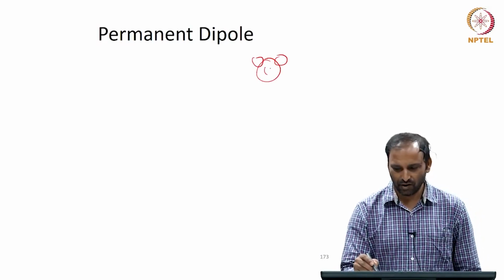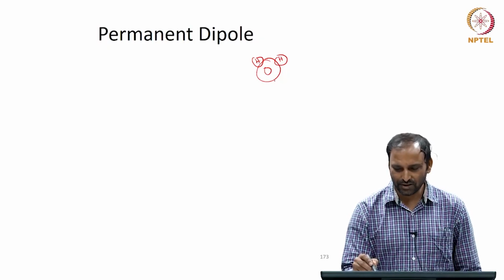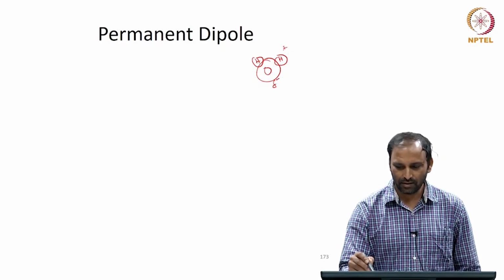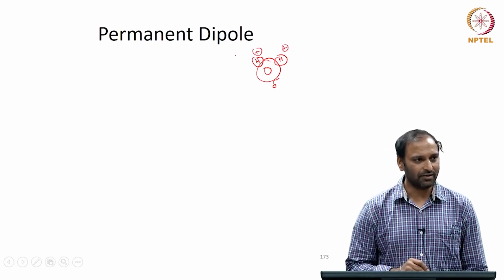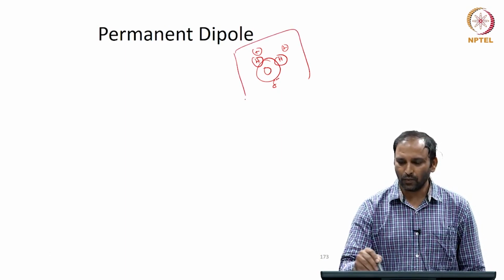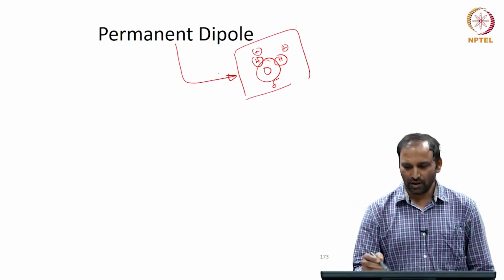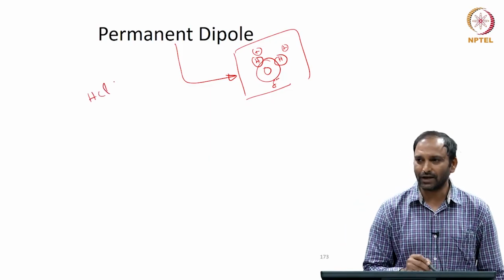That is your oxygen and that is your hydrogen. People typically say the oxygen end will have some negative charge and the hydrogen end will have some positive charge. That is an example of a molecule which has a permanent dipole. Of course, you can think about other examples. HCl, hydrochloric acid, is another example.